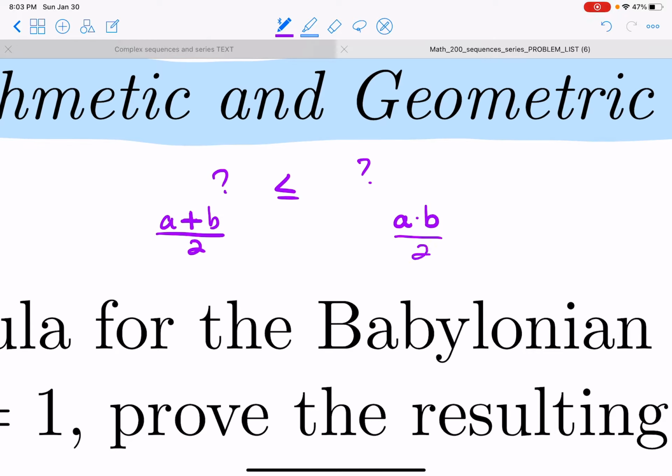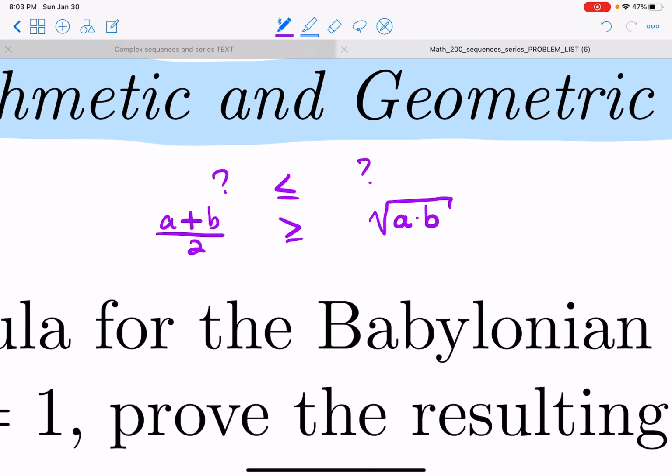Should you divide by 2? Well, no, you didn't add them, so you should square root it. And so this is sort of like the average viewed multiplicatively, and this is the average additively, which is the usual way we talk about average. Okay, and so the question is which of these is bigger than the other?